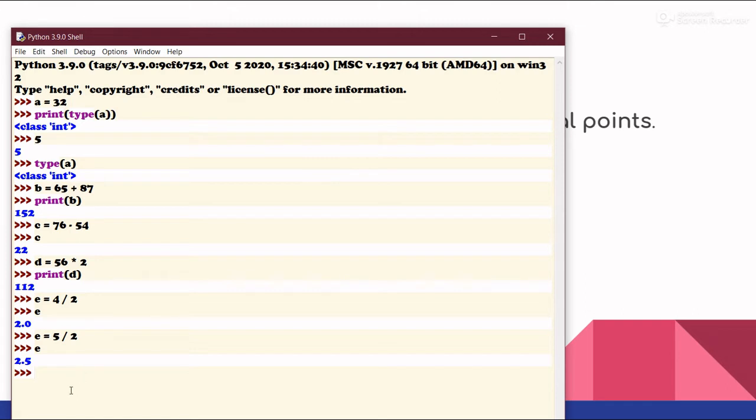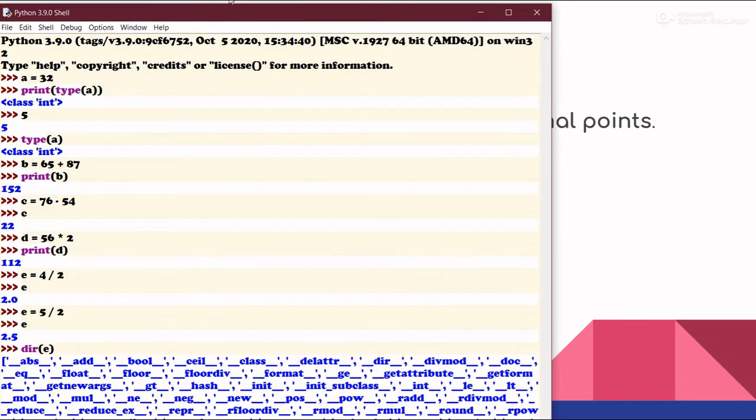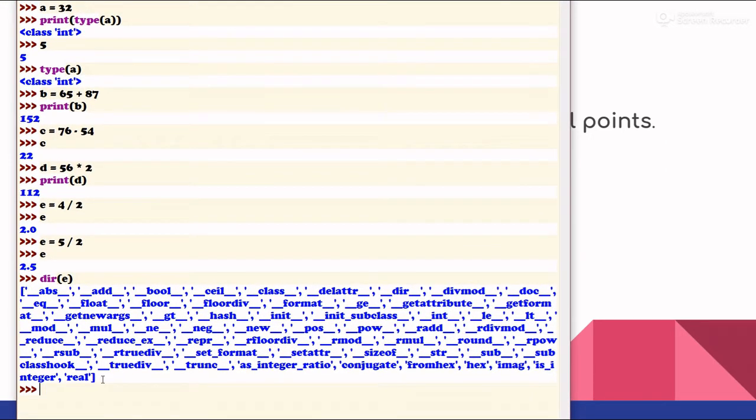Now if you want to look for functions that you can use on integers, you can just do dir, then e, and dir is basically a function name, which is used for checking the list of functions that you can use on any type of data.